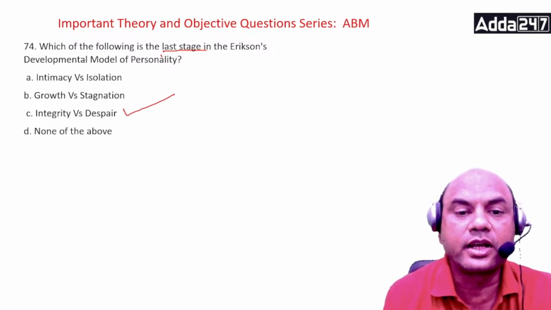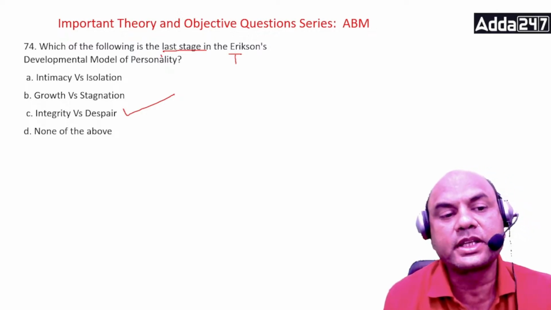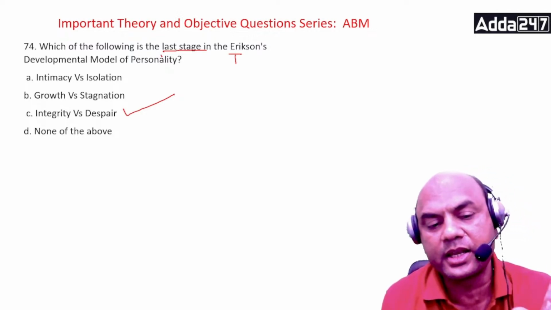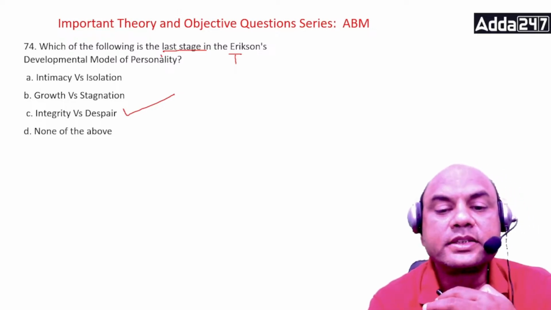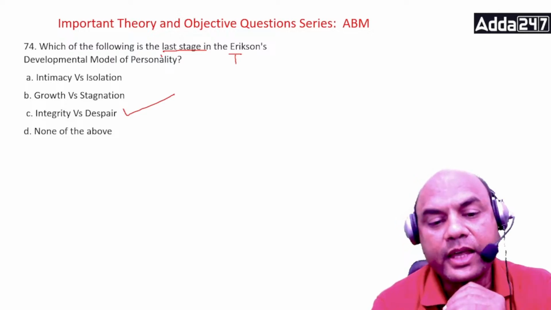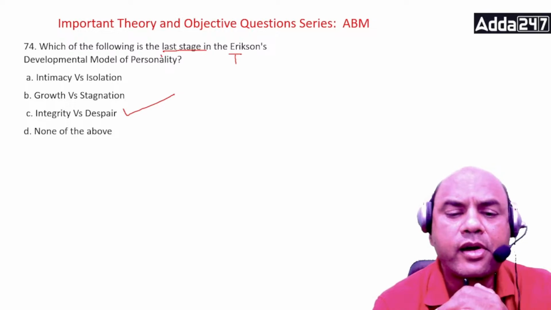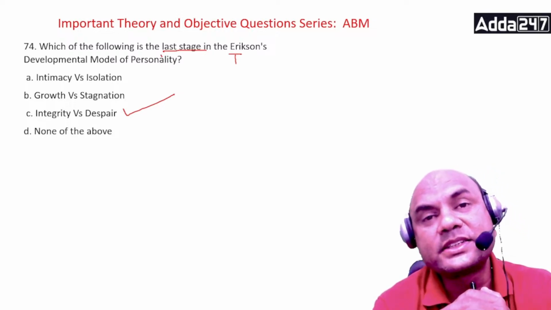You want the true one. The remaining are not part of Erikson's developmental model. Integrity versus despair is the last stage in Erikson's developmental model of personality. Erikson maintained that personality develops in a predetermined order through 8 stages.